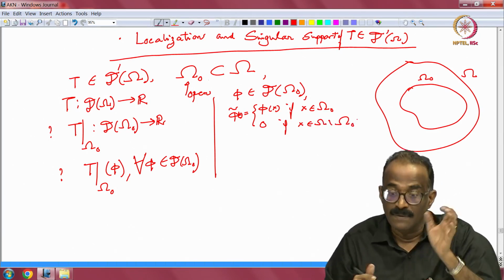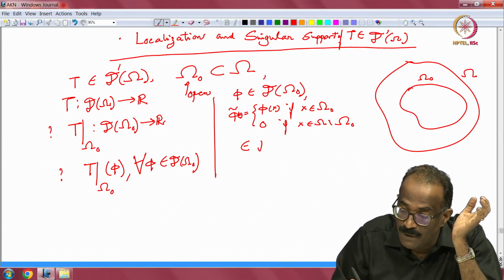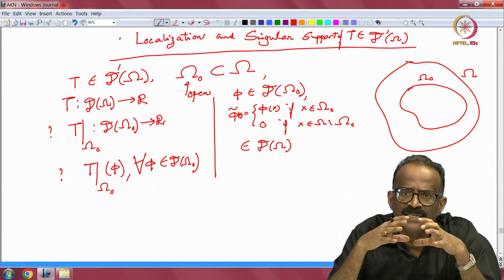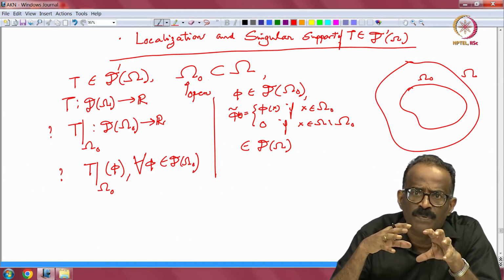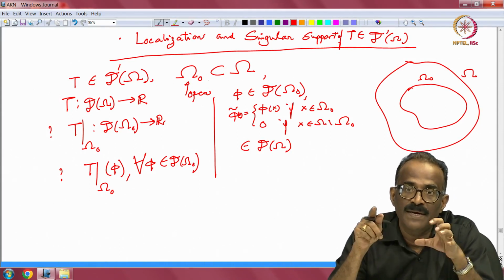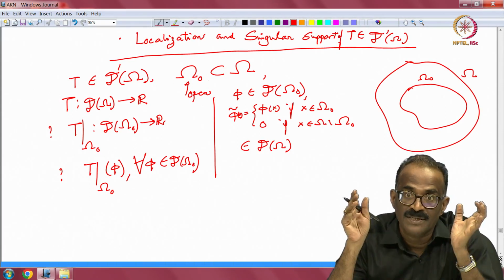Note that this will be in D of omega. You have to be careful. In general, if you give a C infinity function on a small open set, an extension by 0 need not be a C infinity function there.